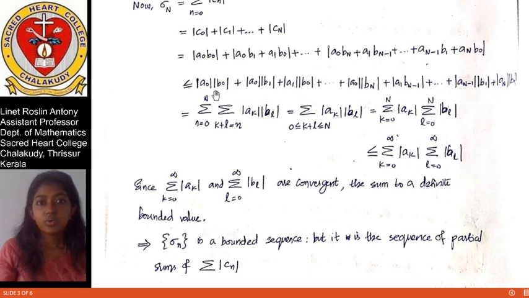So you have to replace this with the mathematical series. We are taking the general term, modulus of AK into modulus of BL.